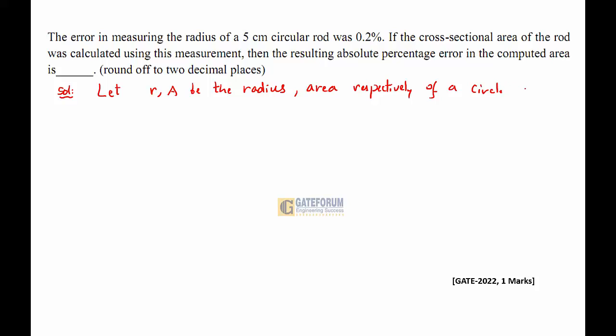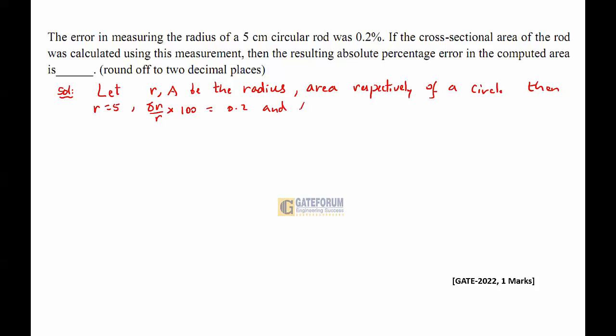Okay. Then this delta r by r into 100, that is the percentage error, is given as 0.2. Okay.